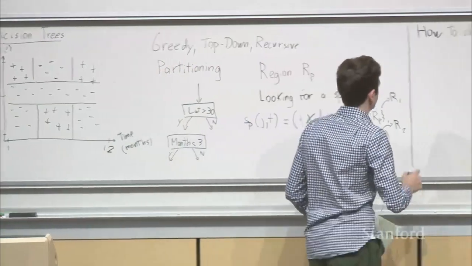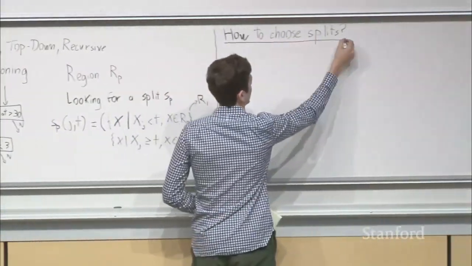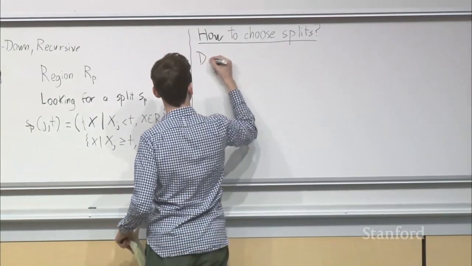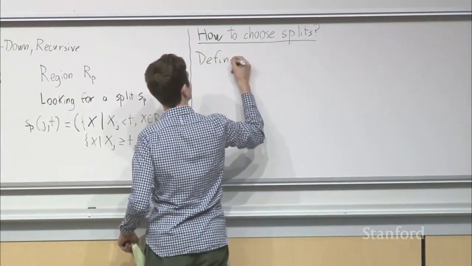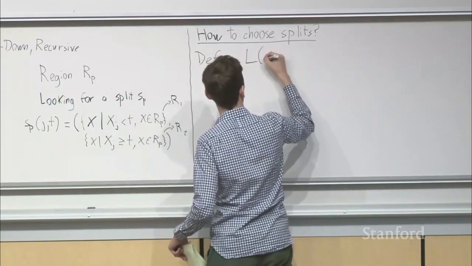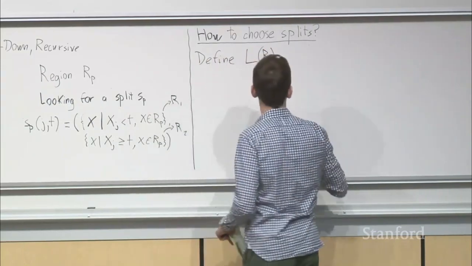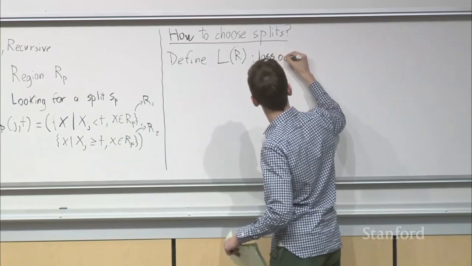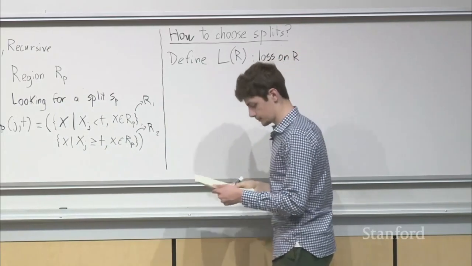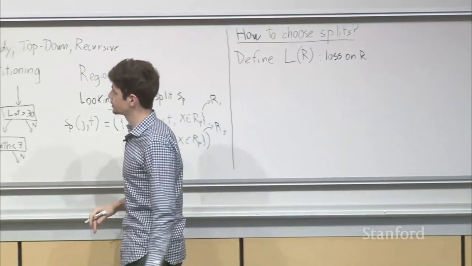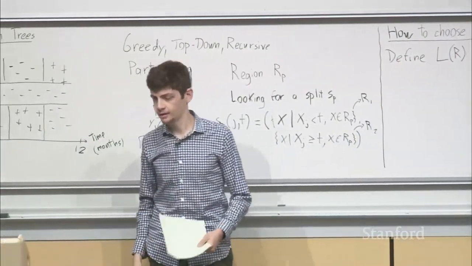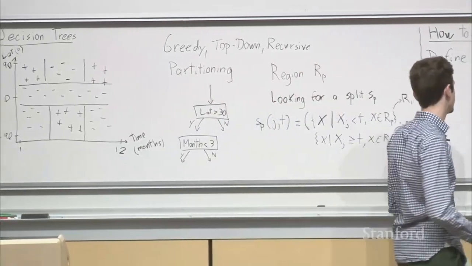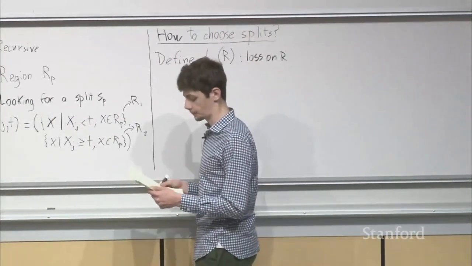And so what it's useful to define is a loss on a region. Okay, so define your loss L on R. Loss on R. And so for now, let's define our loss as something fairly obvious, your misclassification loss. It's how many examples in your region you get wrong.